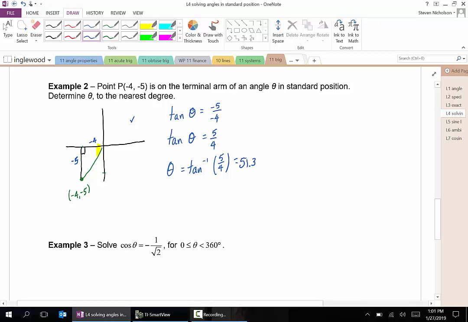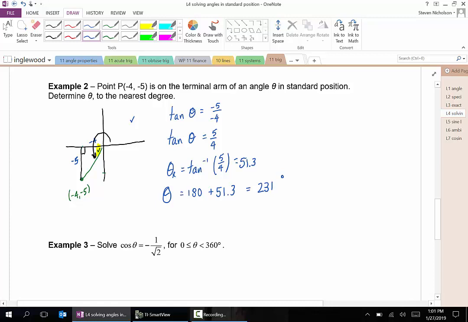This represents theta, but it represents this theta, which is our reference one. In order to figure out the actual theta that we want, well, we have to add 180 plus the 51.3. And when you do that, you get 231.3, and we'll just round it to a nice answer, 231.